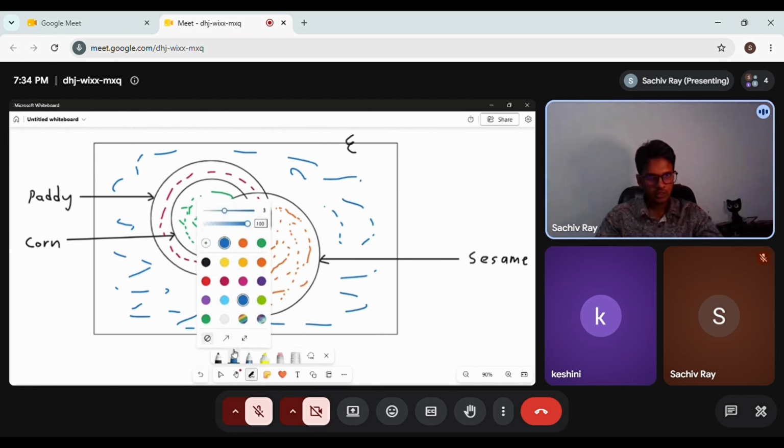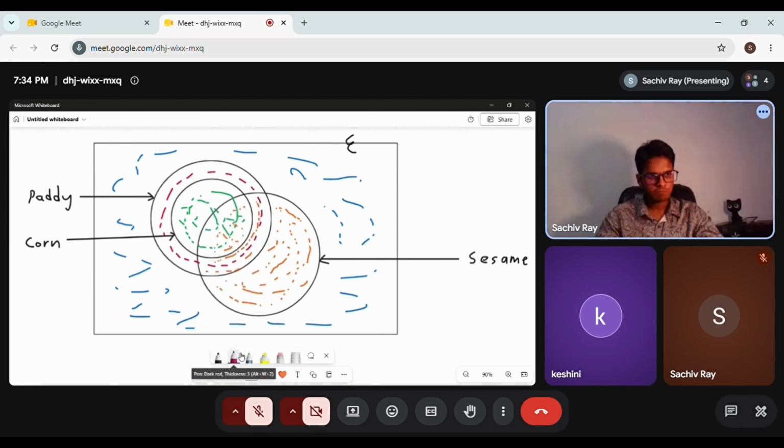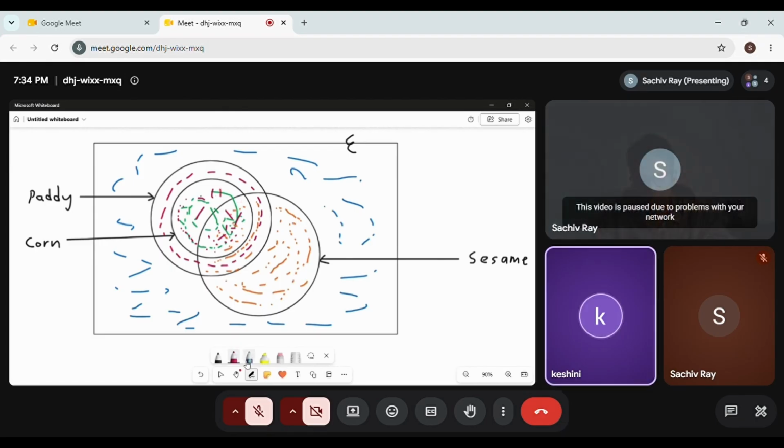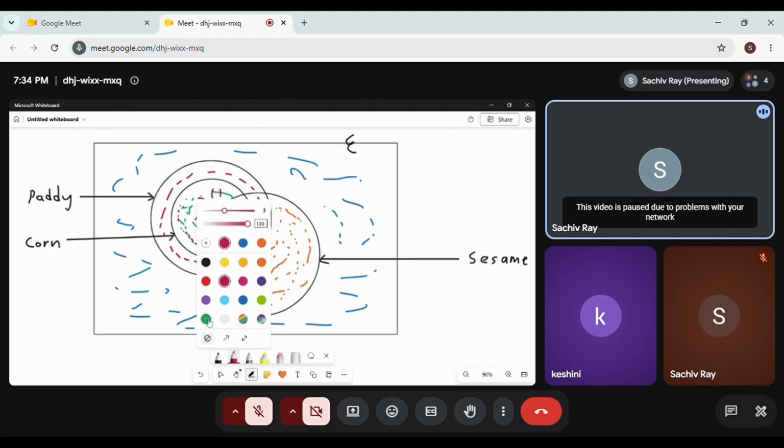Wait, let me color it so that you can see it a bit clearly. So color the entire paddy part with pink, okay? Corn with green, okay?